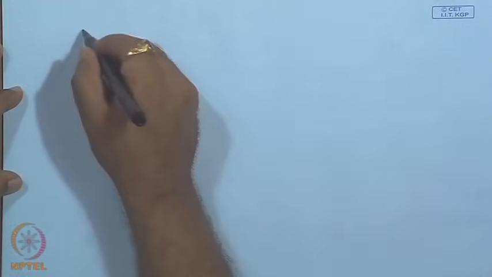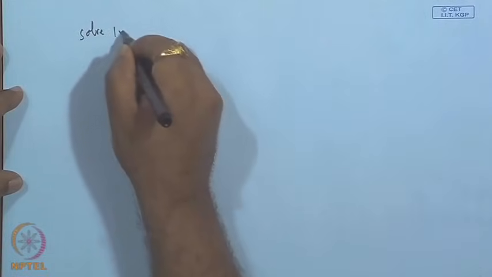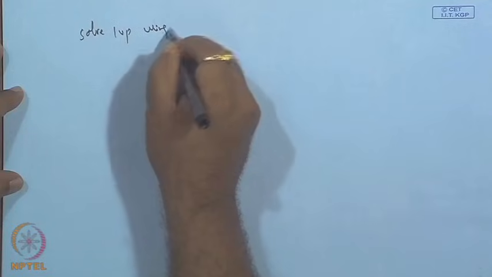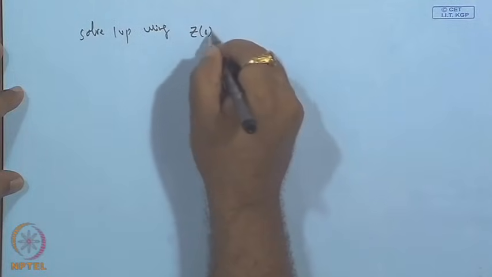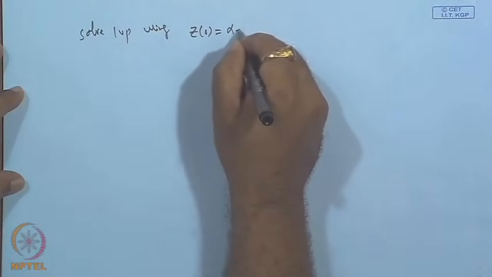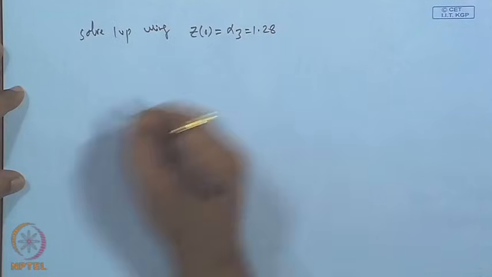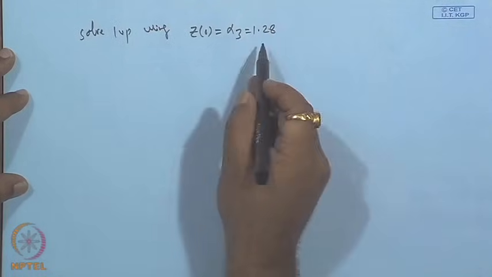Solve the IVP using z 0 equals alpha 3 equals 1.28.